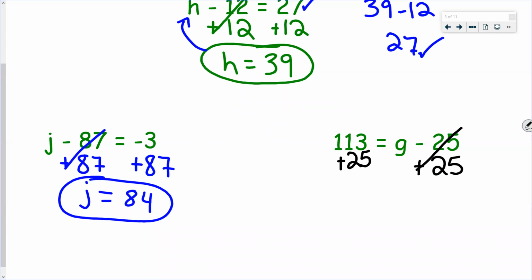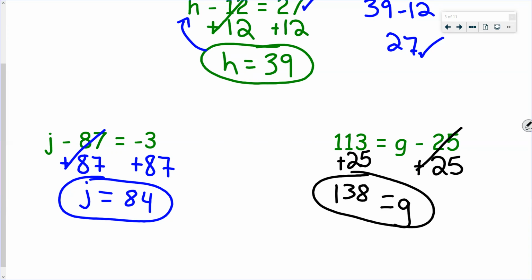These 25s go away, leaving us with g equals 113 plus 25, which is going to give us 138. Circle our answer. Be proud of the work we did. We can plug 138 back in for g. 138 minus 25 is going to give us 113.